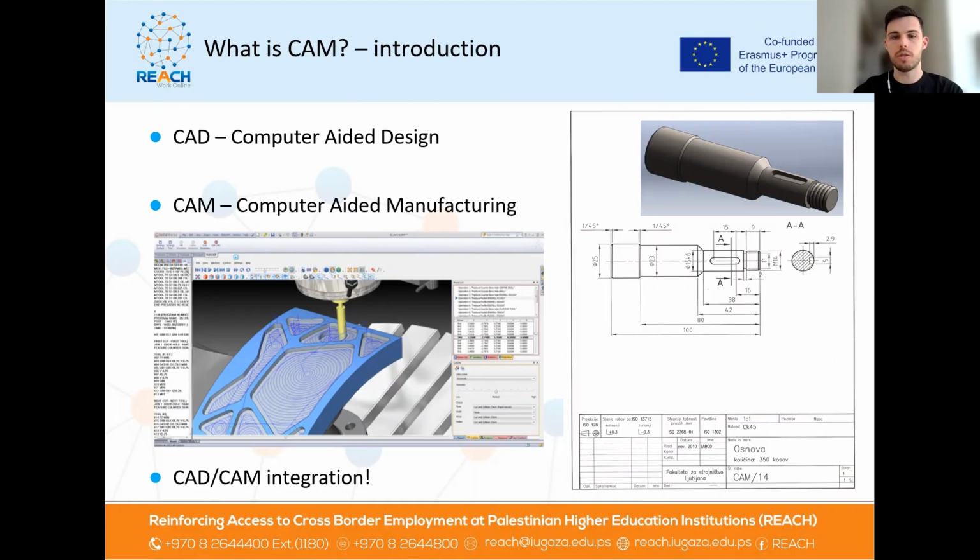And what is more important is the integration of CAD/CAM. That means that once you have a design in mind and you have created it in CAD, you should always think how to integrate the right designs and how to actually design the whole product in order to create then the easiest CAM.